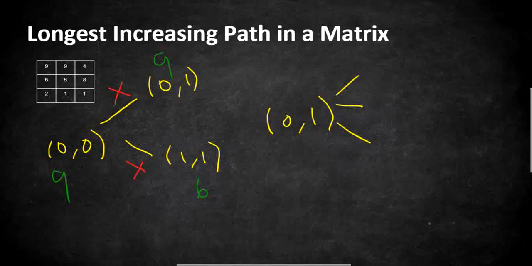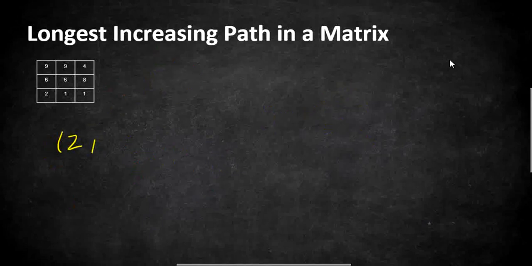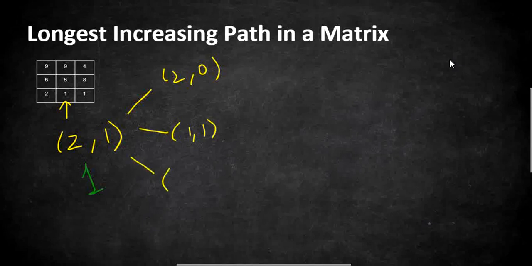Now let's see the actual output of the problem, which is 2, 1. That is this cell and the value is going to be 1. We are going to explore its neighboring cells. The neighboring cells of 2, 1 are 2, 0, 1, 1 and 2, 2.